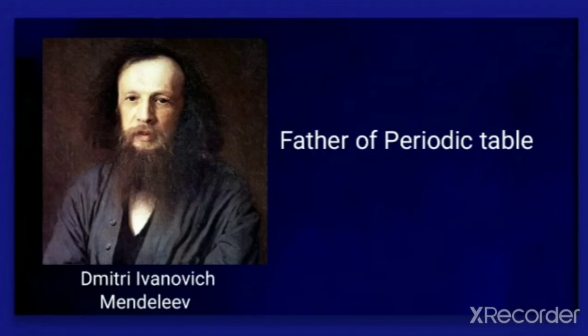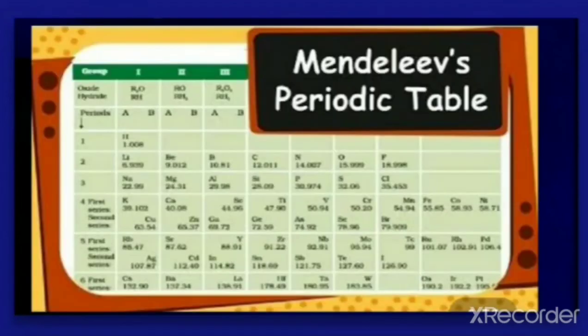In 1869, Mendeleev made a remarkable contribution to the classification of elements. On the basis of physical and chemical properties of the elements, he gave a law known as the periodic law, which resulted in a table called Mendeleev's periodic table.